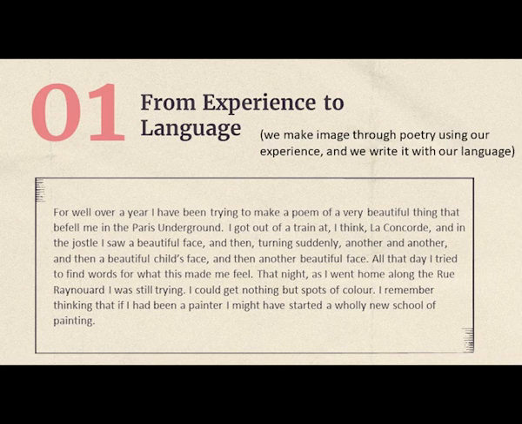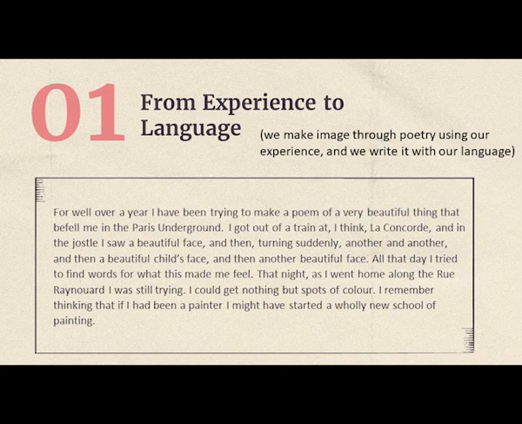For well over a year, I have been trying to make a poem of a very beautiful thing that befell me in the Paris underground. I got out of a train at, I think, La Concorde, and in the jostle I saw a beautiful face, and then, turning suddenly, another and another, and then a beautiful child's face, and then another beautiful face.